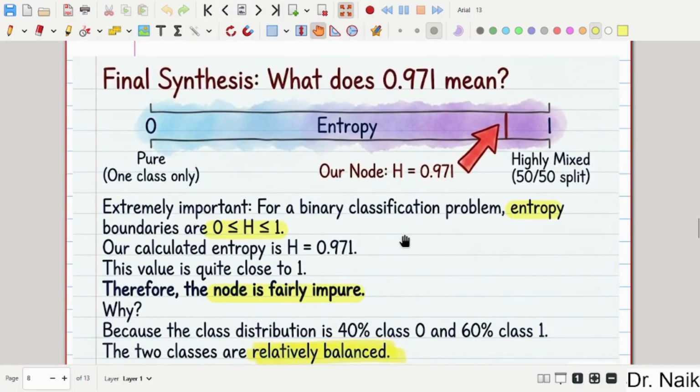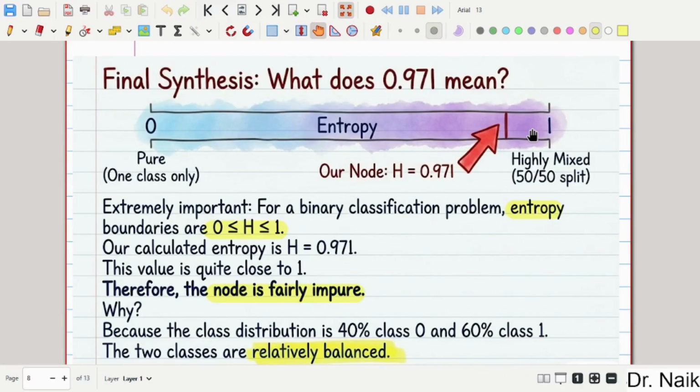So what does 0.971 mean? For a binary classification problem, entropy lies between 0 and 1, that is, entropy is greater than or equal to 0 but less than or equal to 1. Our answer is 0.971, which is quite close to 1. Therefore, the node is fairly impure.